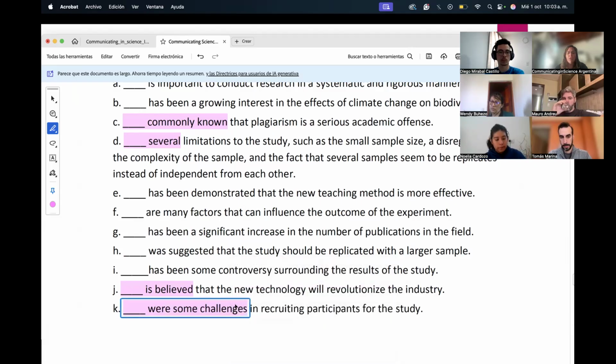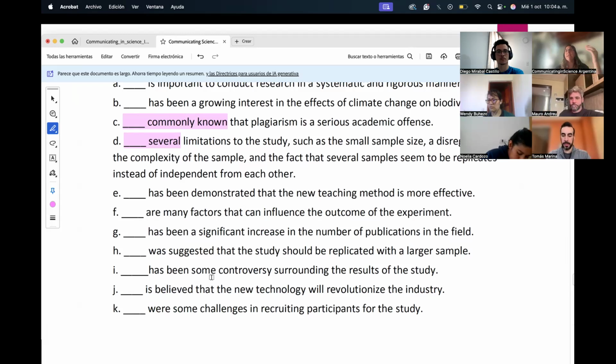When do we use these kinds of dummy subjects? When we want to talk about abstract things, abstract ideas, or general ideas. In papers, we can use it to refer to general hypotheses done previously, like "it has been suggested."